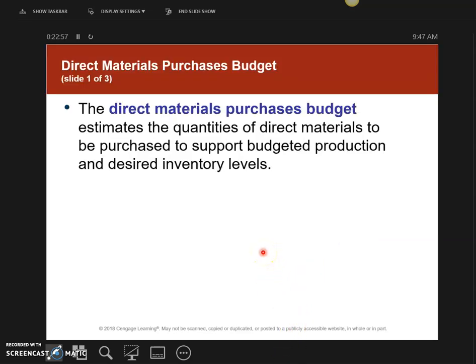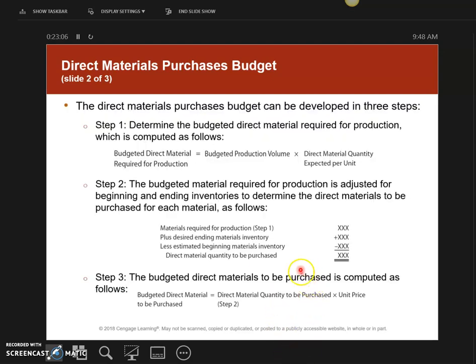Okay, this will tell me how much material I need to buy to support that production of what I have on my budget. So here's my quantity, my budgeted production volume, that's how many I need to make, times my direct material quantity expected per unit. Now I'm making handbags and wallets, and so I'm going to need leather and I'm going to need lining. And each wallet will take so much of each material.